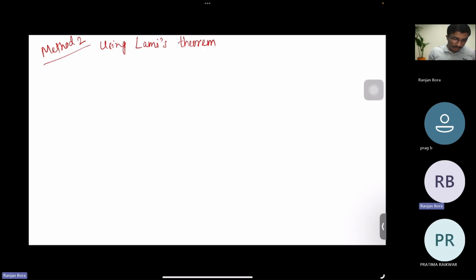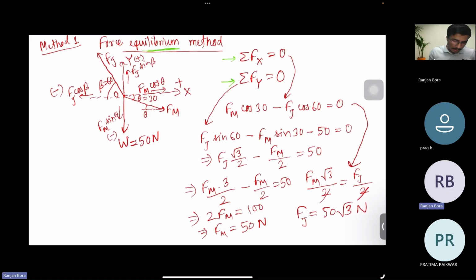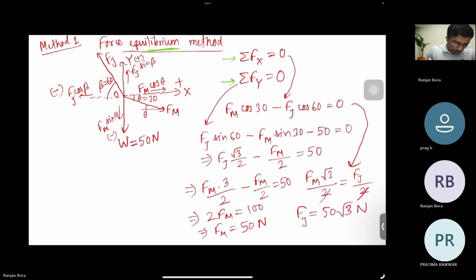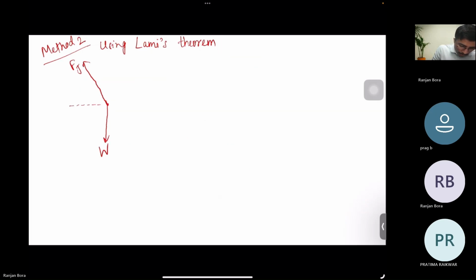Okay, I will draw this picture again. So at the point O, W is acting vertically downward, and Fj at an angle 60. Fm is acting at an angle 30.